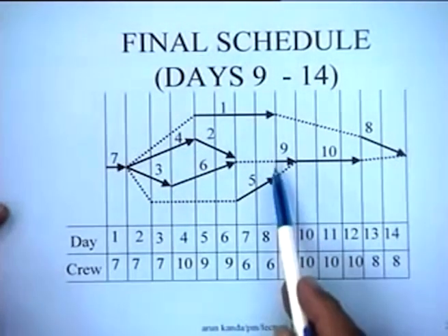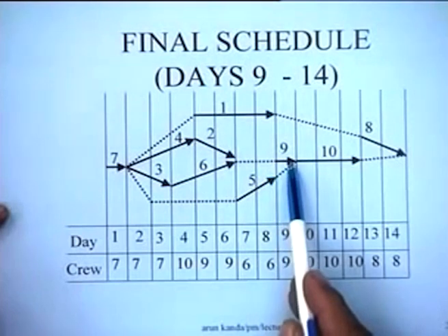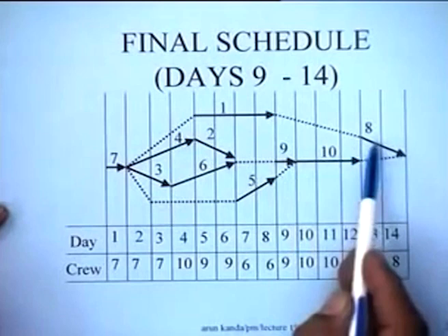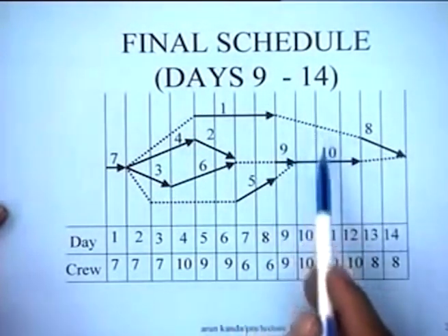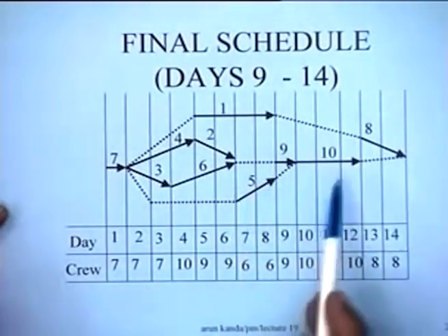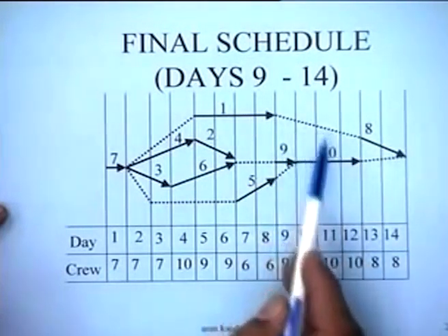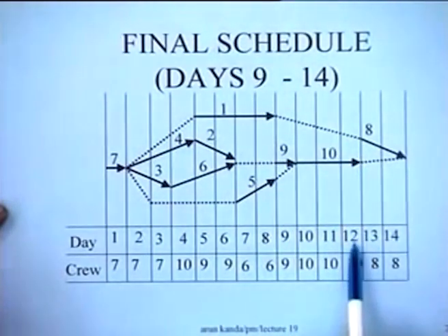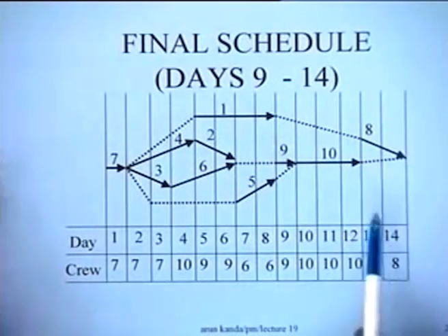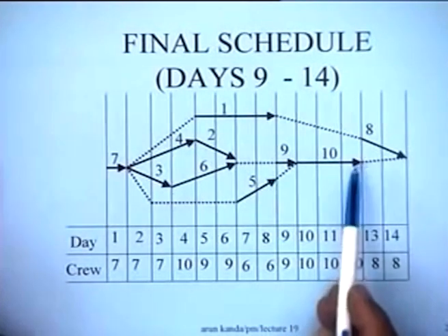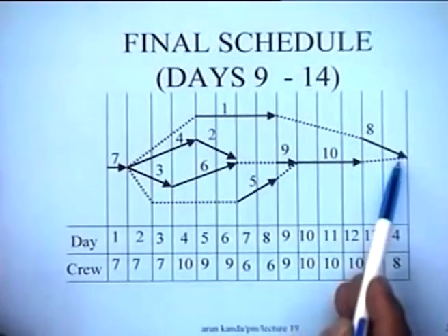The final schedule shows that we had put job number 9 on day 9, and after 9 we had put 10, and if we had put 10 we could not have put 8 in parallel with it because it was not possible. Otherwise, had it been possible to finish 8 in parallel, you could have finished the project by day 12, but now it is not possible. So job 10 has to be finished, only then job 8 can be done.